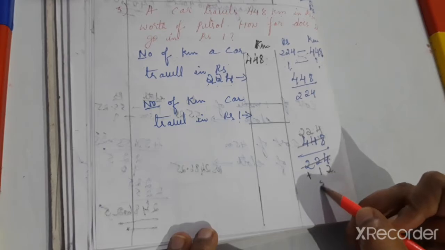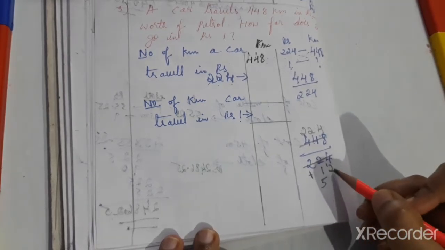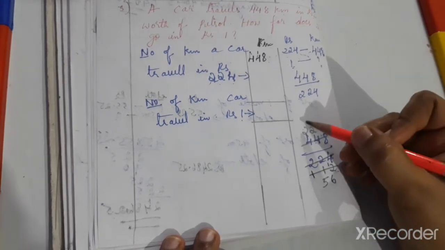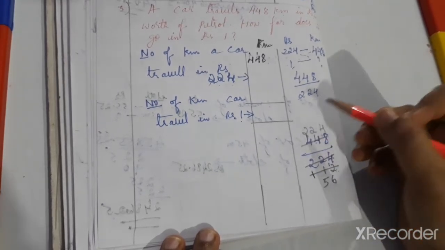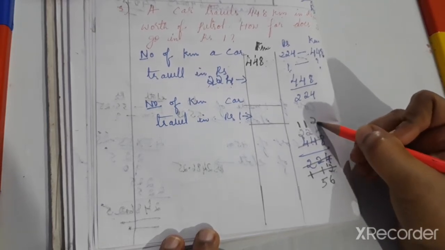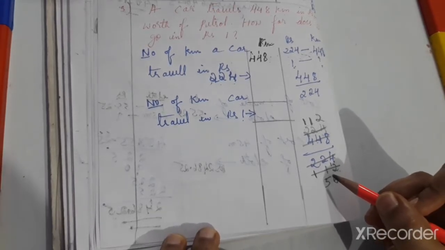So even numbers mean again we divide with the 2 times table. 2 fives are 10, 1 carry, 2 sixes are 12, that is 56 and 112. Here also we have to cancel with the 2 times table. 2 ones are 2, 2 twos are 4.